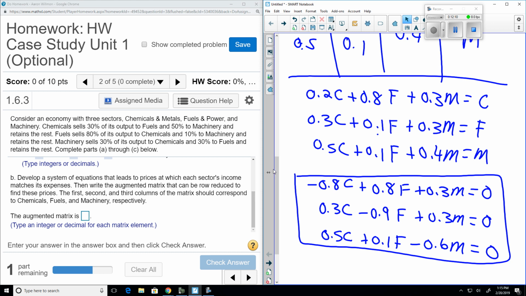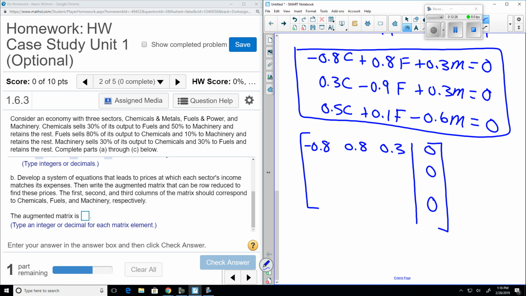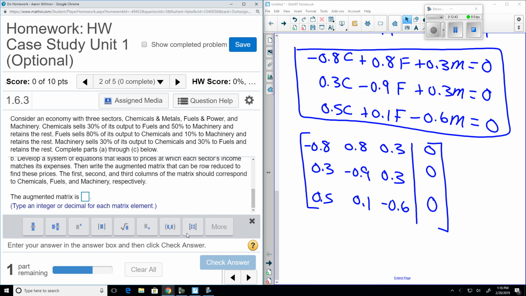So in matrix form, the augmented matrix would be this. So I'm going to put that in, see if we're right.